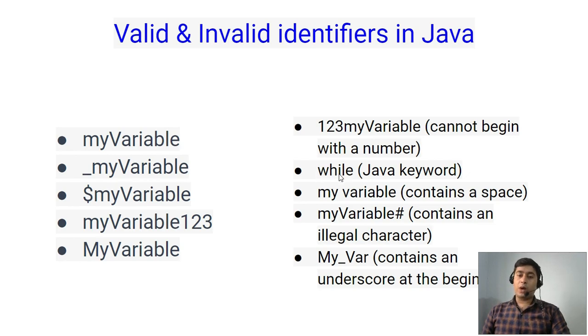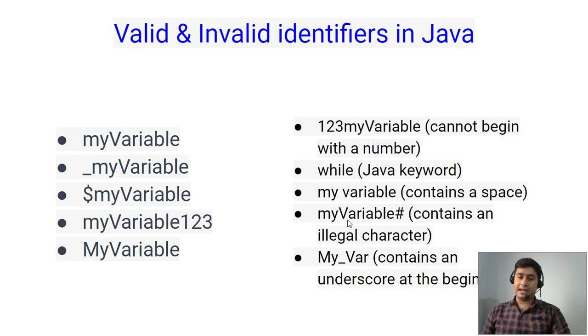This is the while keyword, so because of that it is not a valid identifier. My variable has a space, and identifiers cannot contain any space. So because of the space you can't consider it an identifier. My variable with a hash: the hash is a special character, so it is an illegal character.